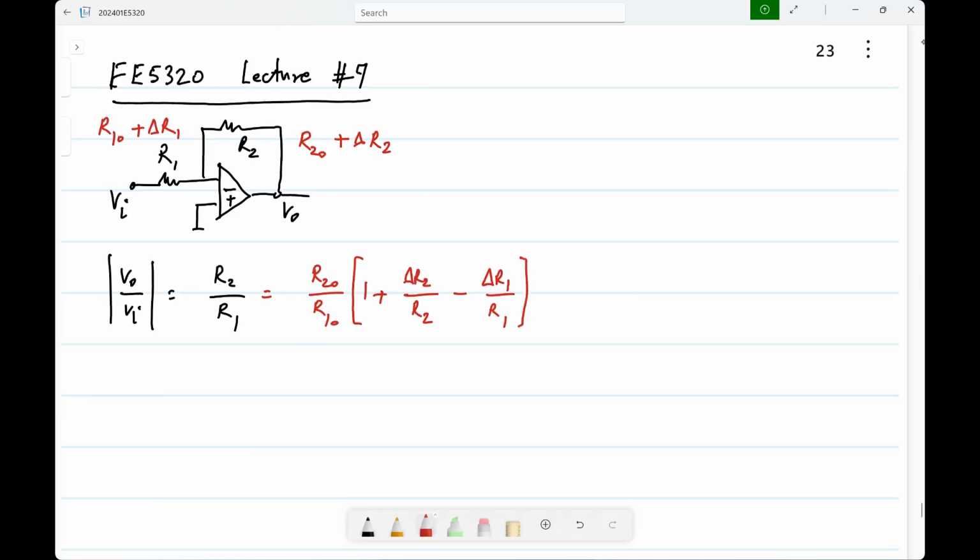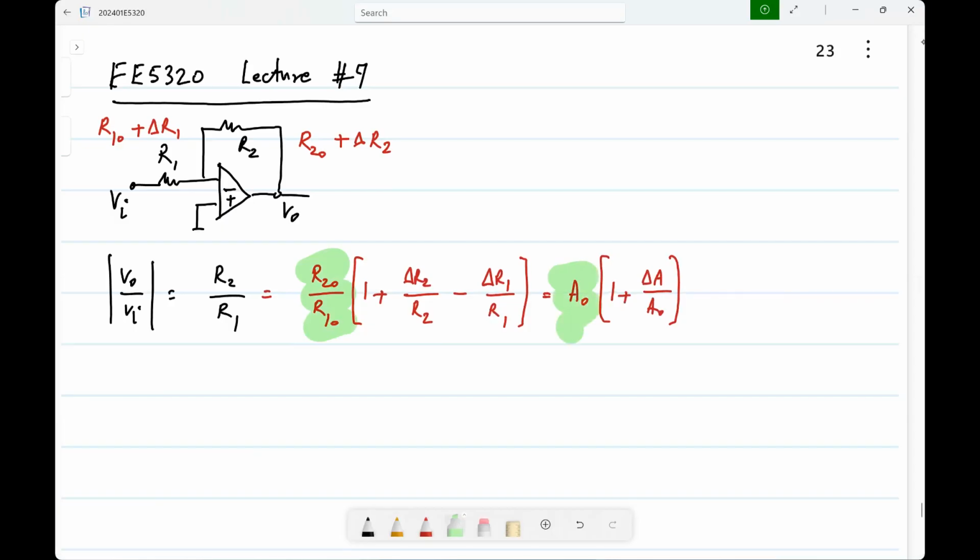Okay. And this is really the nominal gain A naught times 1 plus delta A by A naught. Okay. So you can clearly see that the nominal gain is that one.